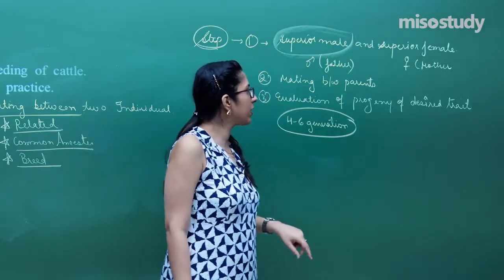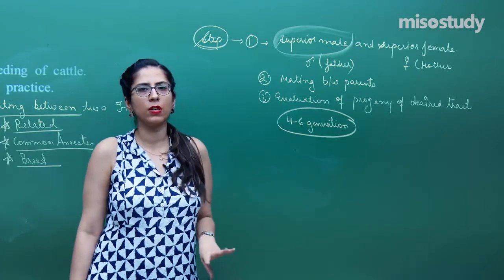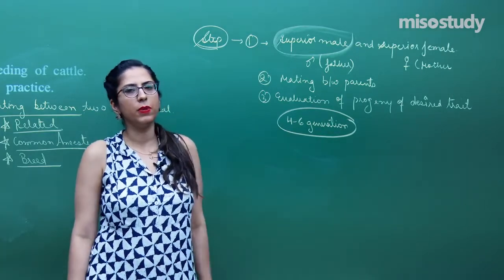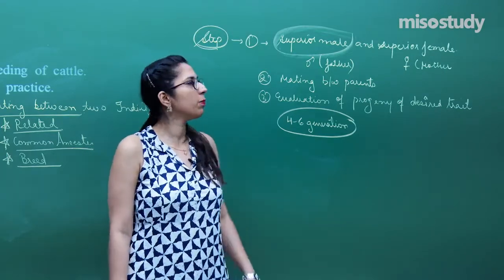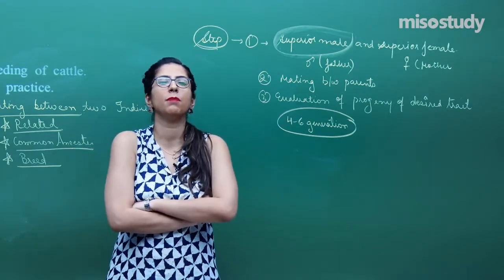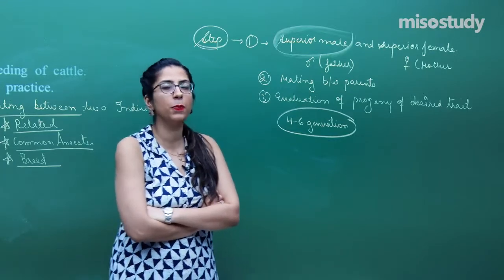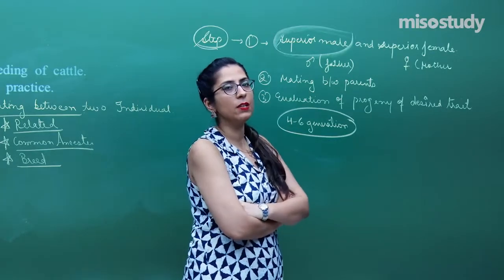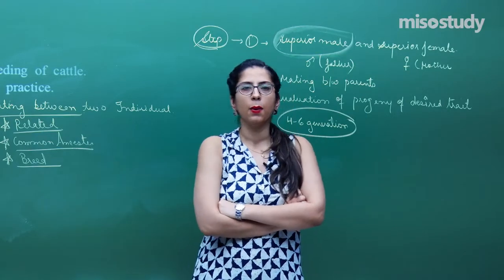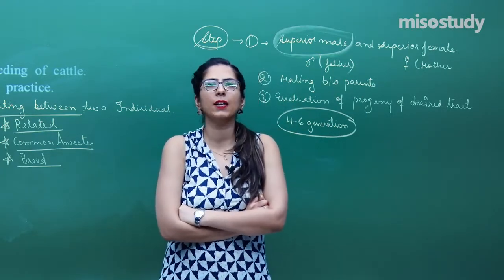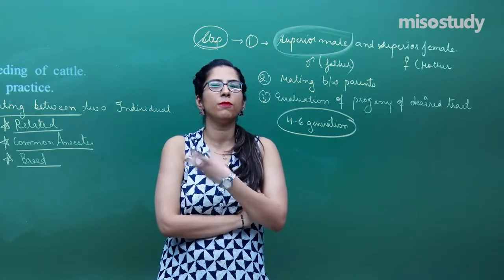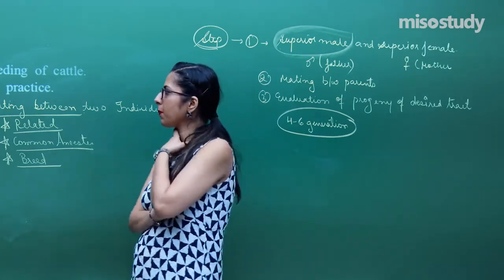So, after 4 to 6 generations, we will check them, and later on they will be used. Now, one more thing: a superior male is that male which can give rise to superior offspring, whose offspring are all healthy. Whereas the superior female is that female which can give a large amount of milk during lactation.